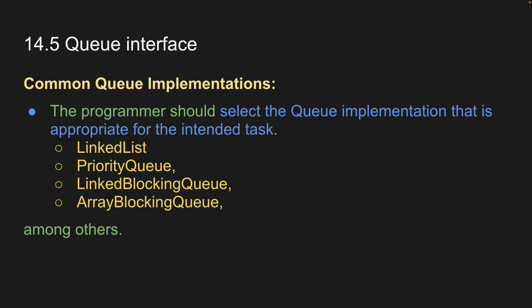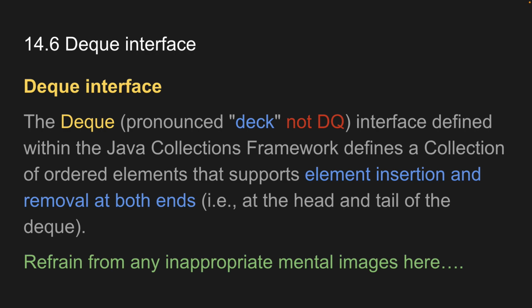I recommend, if you want to learn more about the different ones, remember, not every problem is a nail, so not every tool is a hammer, right? If you want to learn about the different ways you could use these, look it up in the Javadoc on the Oracle website.